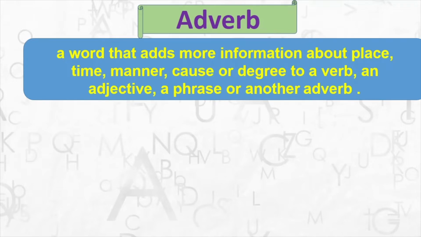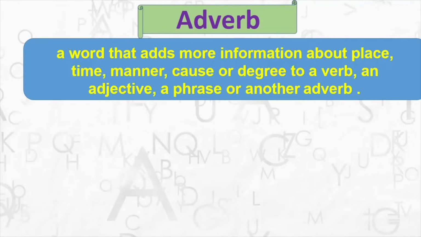An adjective adds meaning to the noun, isn't it? So an adverb adds more meaning not only to the verb but also to the adjective, a phrase, or another adverb. So it gives you more information about a particular verb, adjective, or sometimes another adverb.